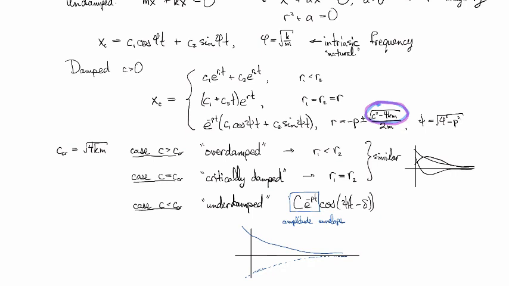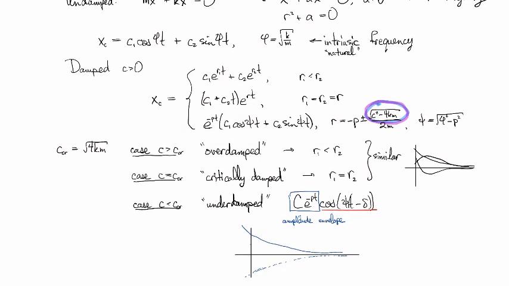Then if we look at the oscillatory part, that's going to look like some cosine curve, and there's going to be some delay. That's what the delta is telling us.